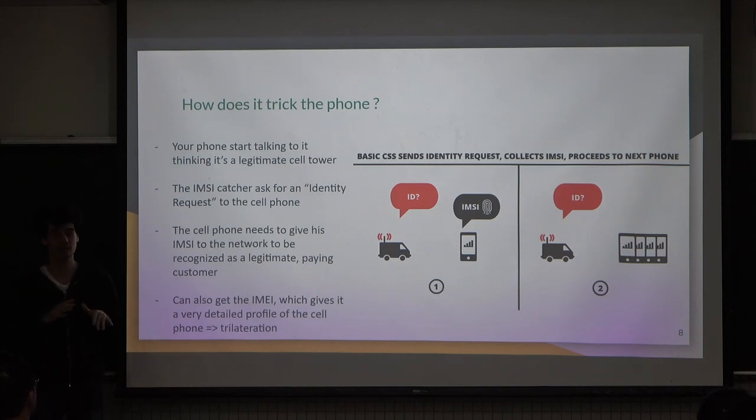The phone won't detect anything and won't suspect that it is talking to an adversary. And once the IMSI catcher has the IMSI, it can also get the IMEI to have more information and to track the phone, getting its location by trilateration.